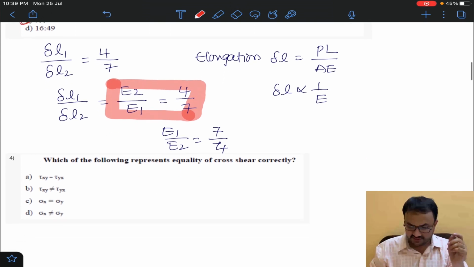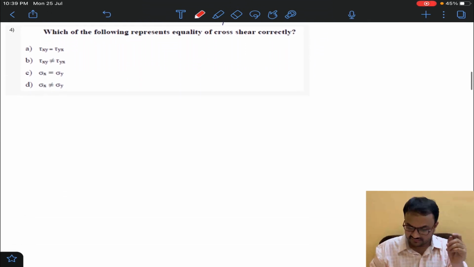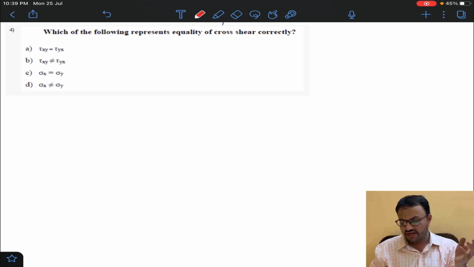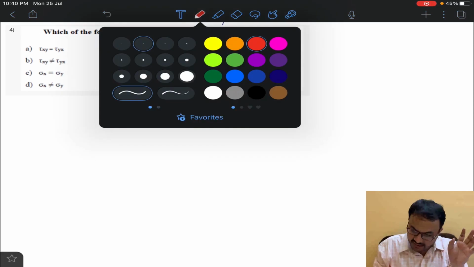And now you can see the next question. Which of the following represents equality of cross shear capacity? Okay, we know shear stress on mutually perpendicular planes in complementary direction are equal. So I am writing the statement here.